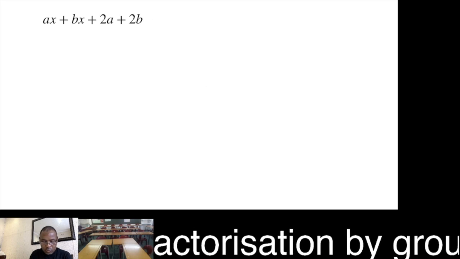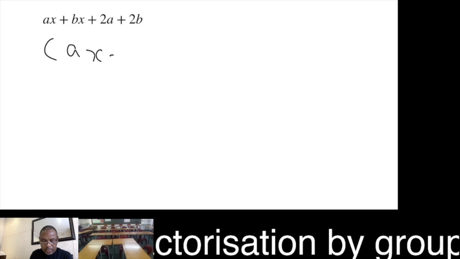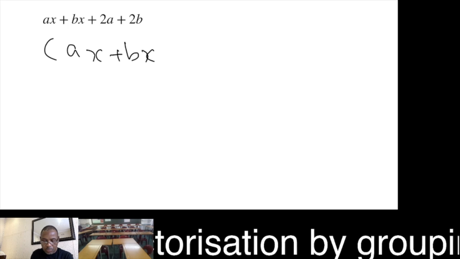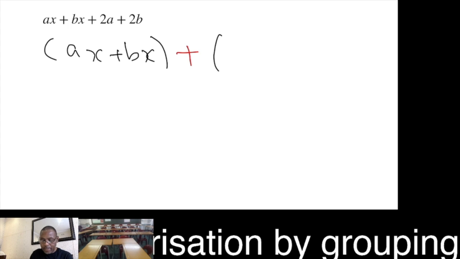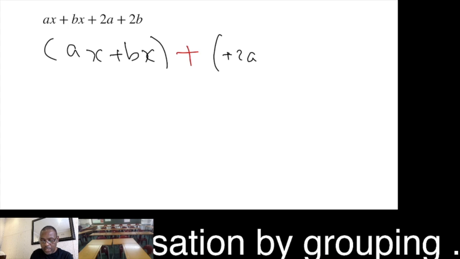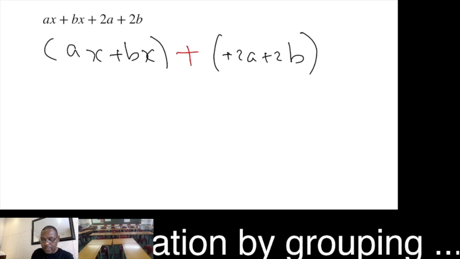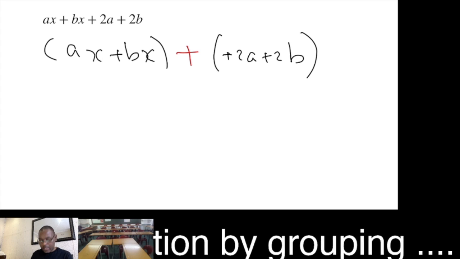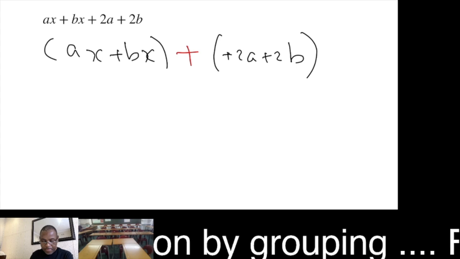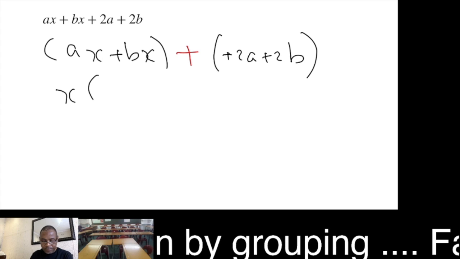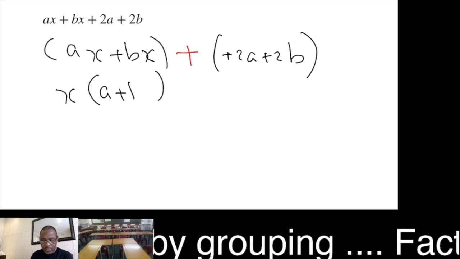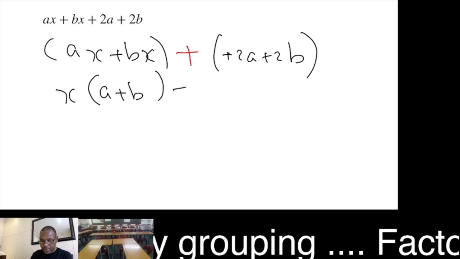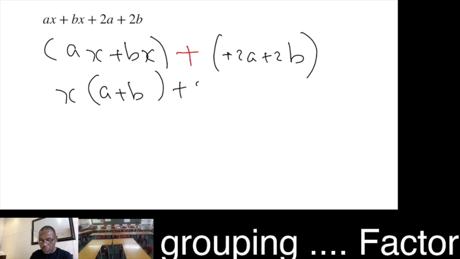In this example, do the same thing. AX plus BX should be put inside a bracket. Remember, a plus sign. Then that's plus 2A plus 2B inside the other bracket. Then factorize. X is common in the first part. So with X outside, you remain in there with A plus B. Then here, do you see that 2 is common there?